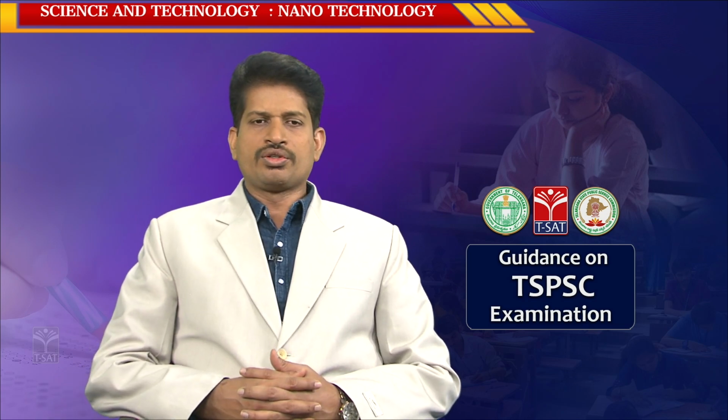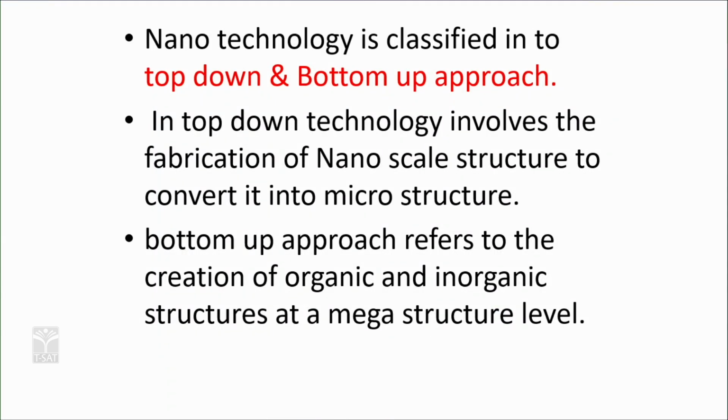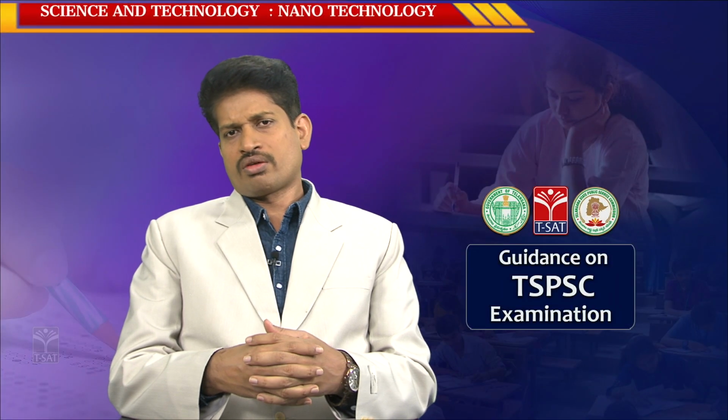Nanotechnology is classified into two: one is top-down and the second one is bottom-up approach. Top-down technology involves the fabrication of nanoscale structures to convert into microstructures. So, you are converting structures as microscopic as possible. In certain conditions, when the structure is microscopic, you have a lot of advantage.